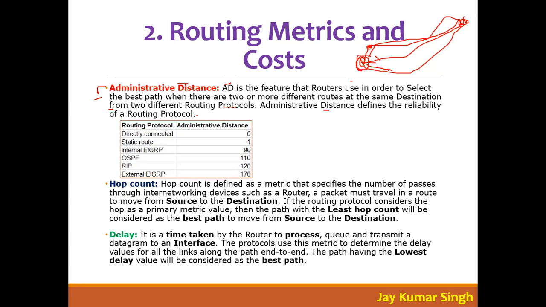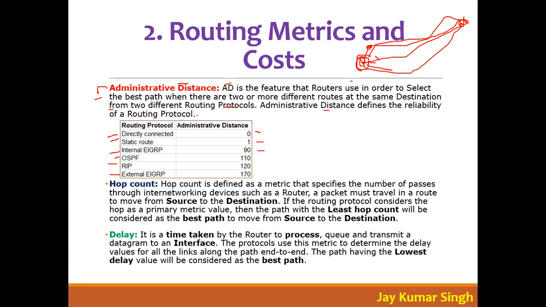So here, see, there are some routing protocols configured with their metrics. If I am directly connected, my administrative distance is 0, and 0 is the lowest, so it is the best. If a static route is there, it is 1.